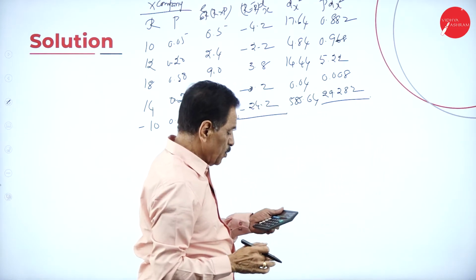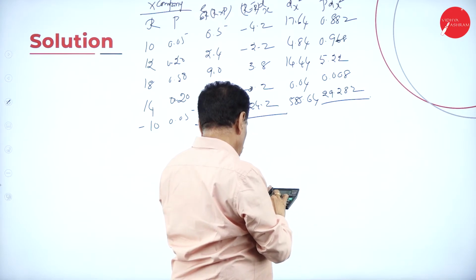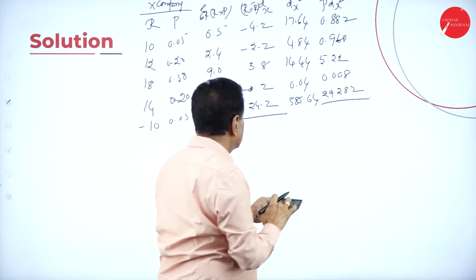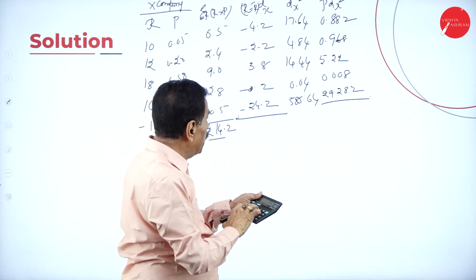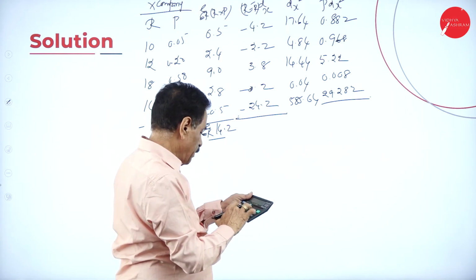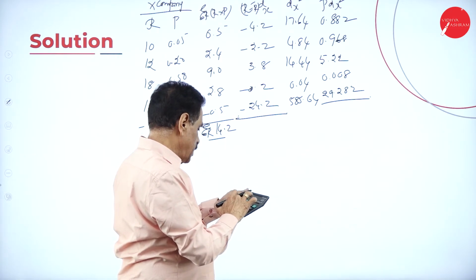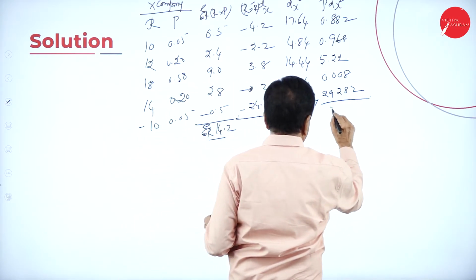Add the figures: 29.282 plus 0.008 plus 5.22 plus 0.968 plus 0.882, 36.36.